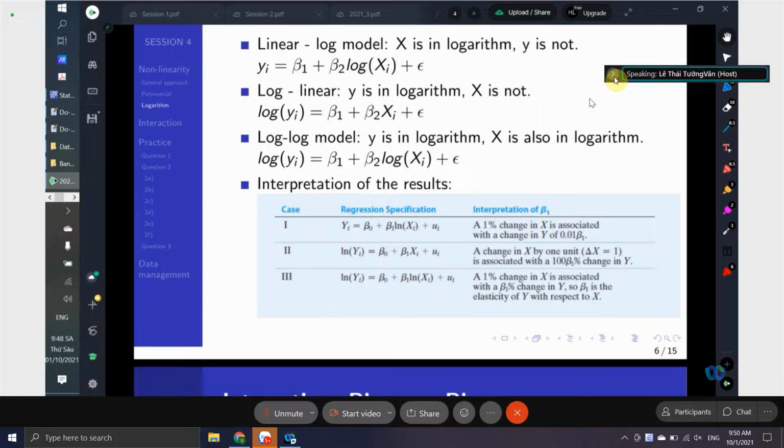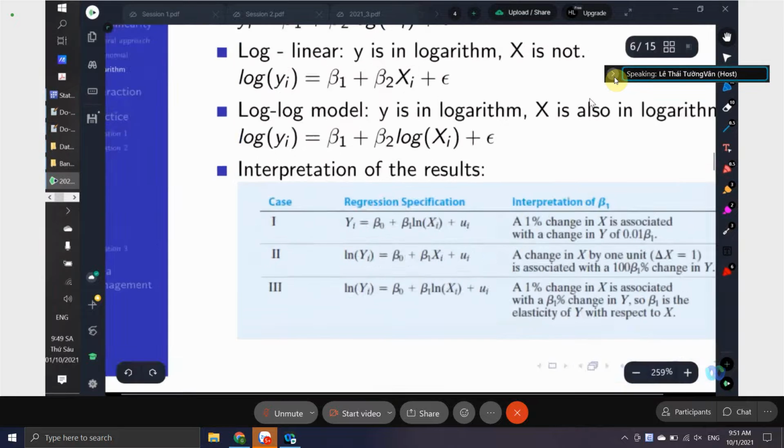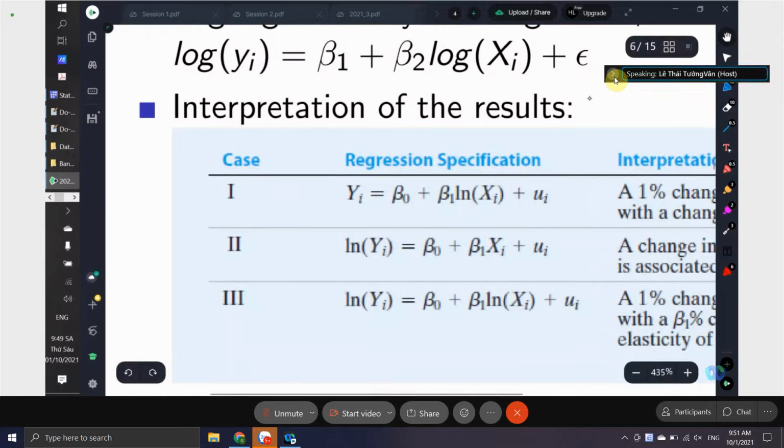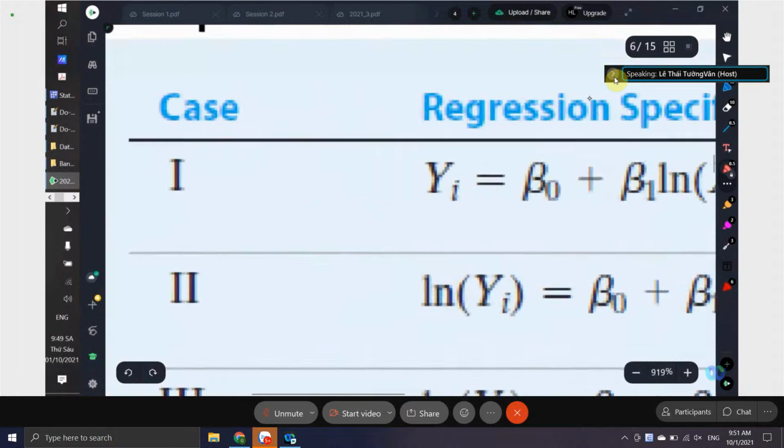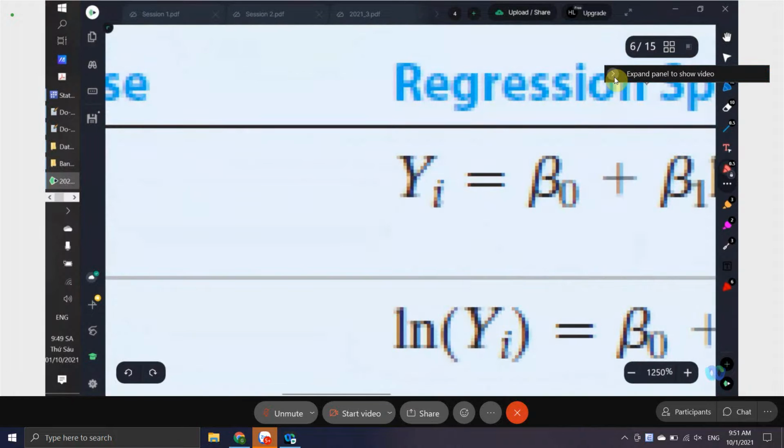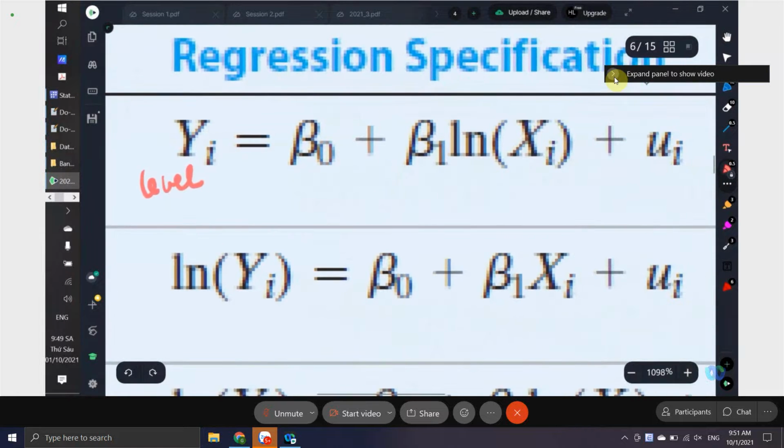Or when we talked about the vote share candidate A would get given the log of their expenditure and the log of the opponent's expenditure, right? So that is when on the left hand side, ladies and gentlemen, you have level. This is level.